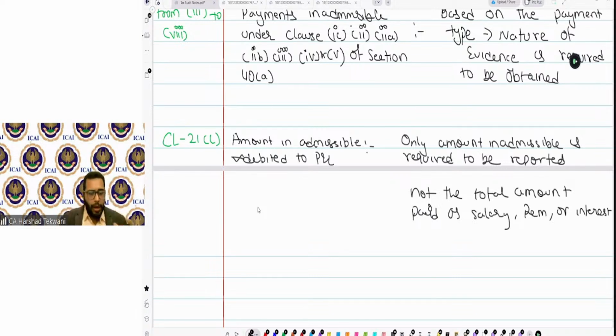We are only required to report the amount inadmissible, not the total amount, and that should be debited to profit and loss account. If the amount is not debited to profit and loss account, we will not report it here.